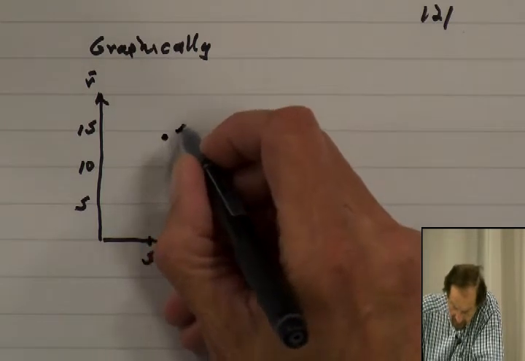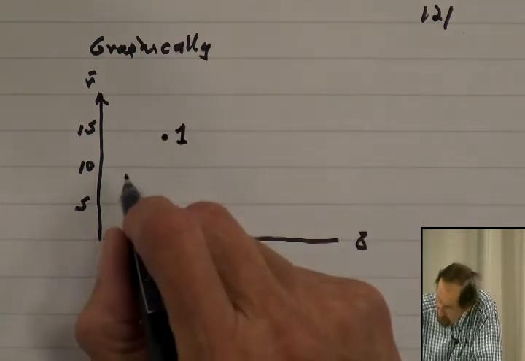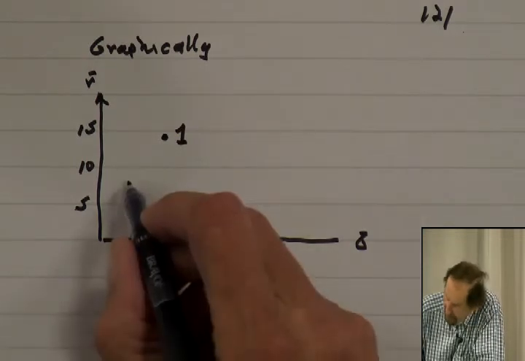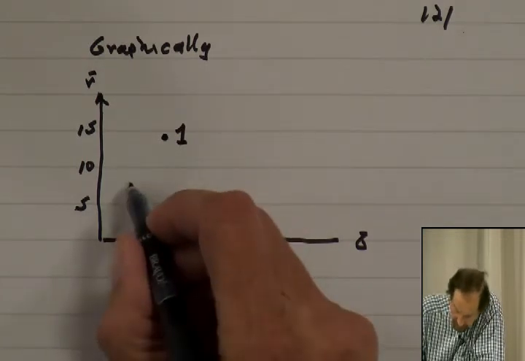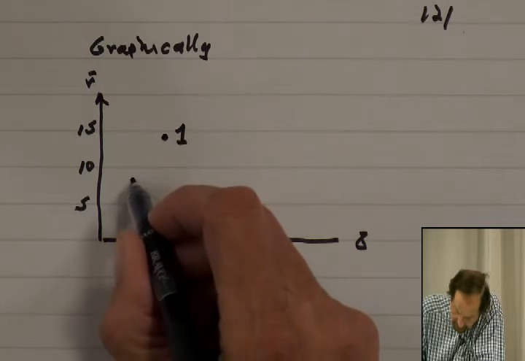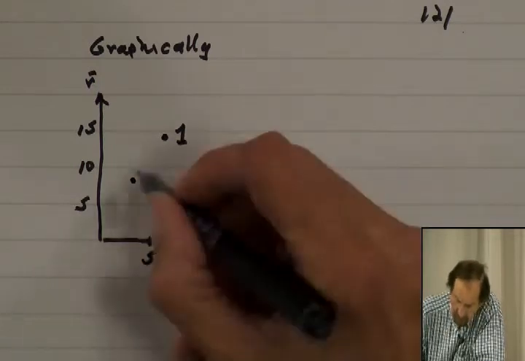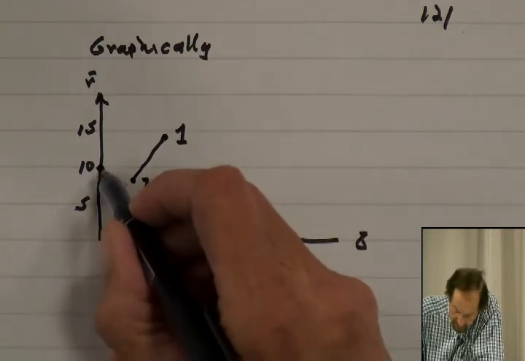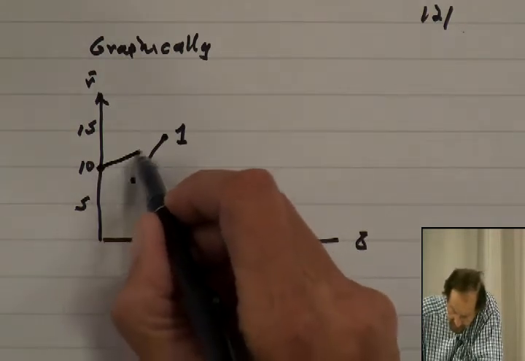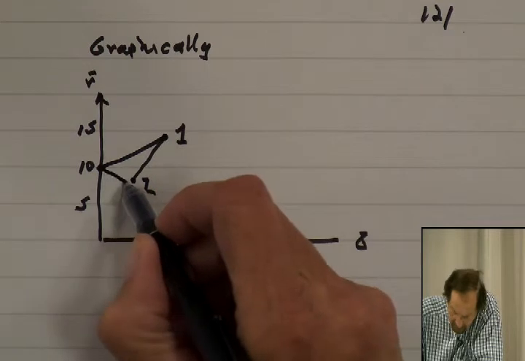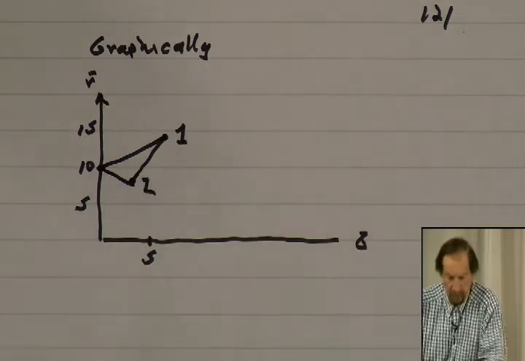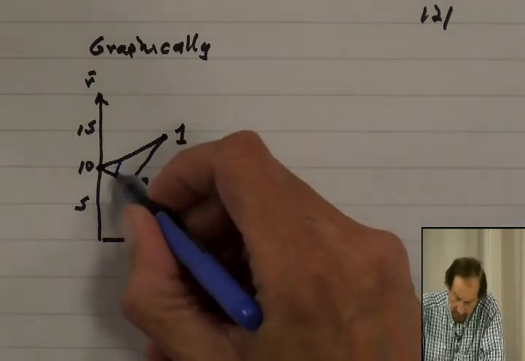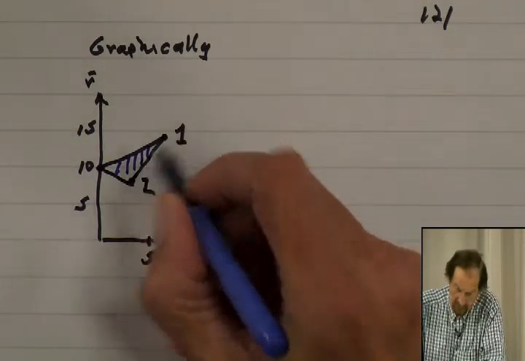So this is 1. 2 is what? Goes up 8 and over 3. So this is right here, 2. Here's one leg. We said that A equals 10, so here's another leg, and here we go. So this is our portfolio diagram.